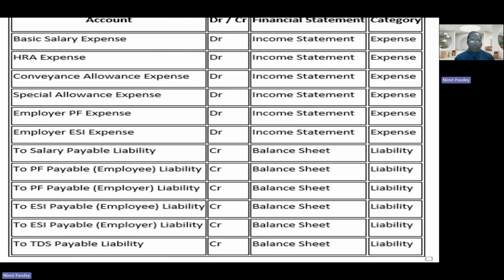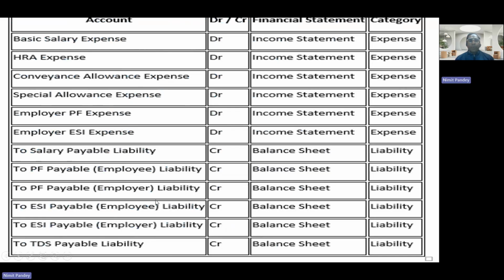Any deduction will be credit. PF payable employee, PF payable employer, ESI payable employee, ESI payable employer, and TDS payable, meaning all the deductions from the salary, will be credit, and all other components will be debit.